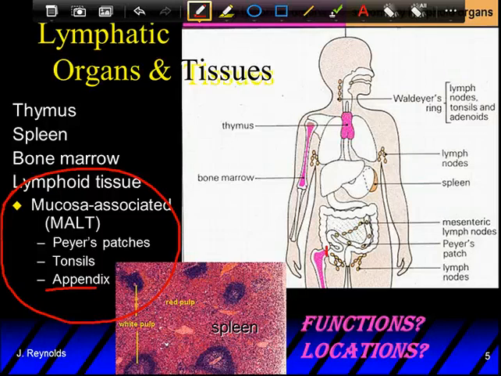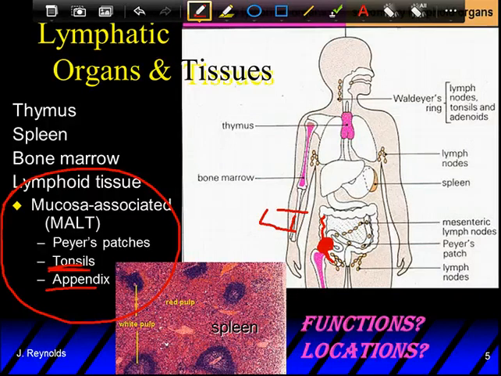Comes off right there from the base. This is part of the large intestine right here. There's the beginning of it right there, the rounded end right there. And the appendix comes in off of that beginning of the large intestine. There's the appendix right there. I'm making it bigger. It's not that big. It's part of the MALT or GALT area.